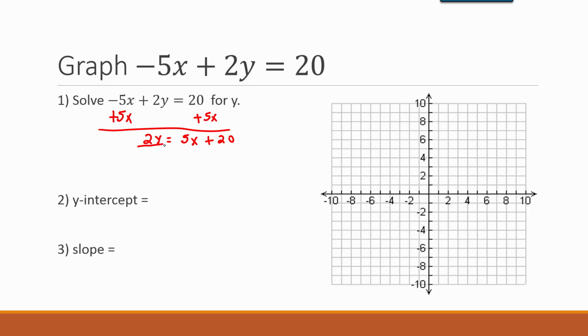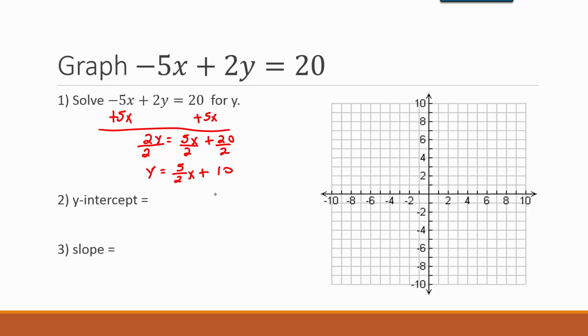So to undo 2 times y, we divide each side by 2. And dividing this whole side by 2 is the same thing as dividing each individual term by 2. So now I have y equals 5 over 2 times x plus 10.